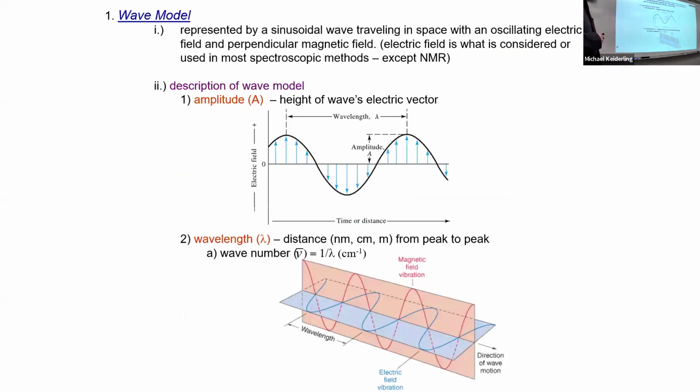With the wave model, it's represented as a sinusoidal wave with a wavelength and an amplitude. The wavelength is a distance in nanometers, centimeters, or meters from peak to peak. Wave number is 1 over the wavelength, and the unit is always inverse centimeters. That's the standard unit used for wave number.